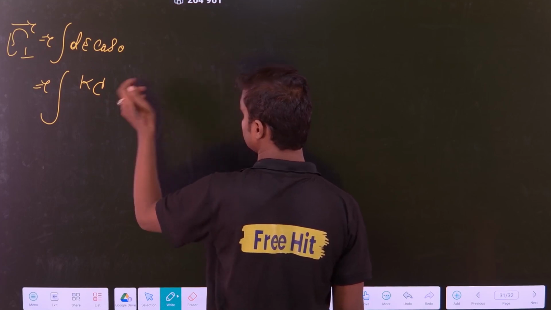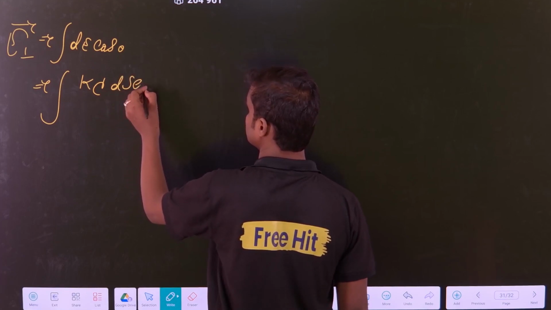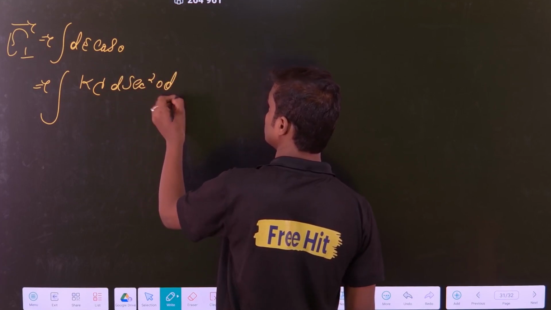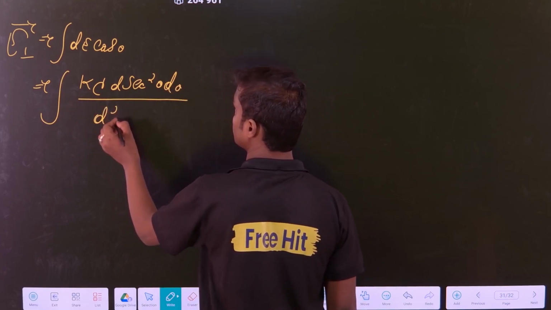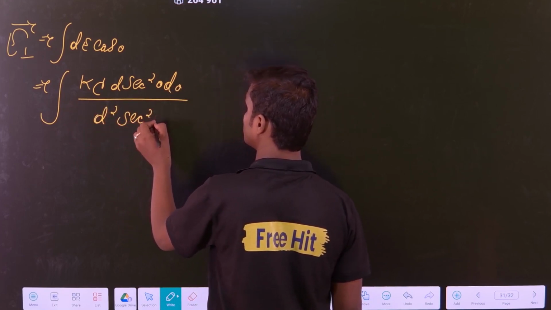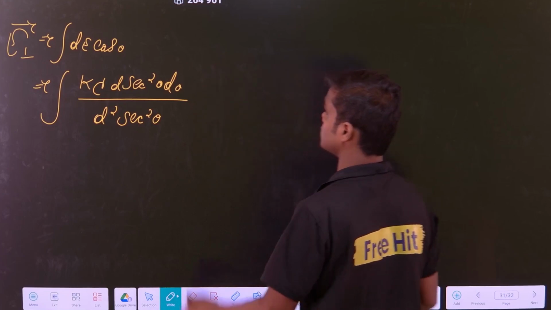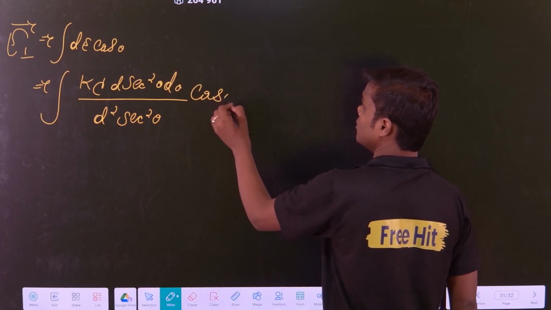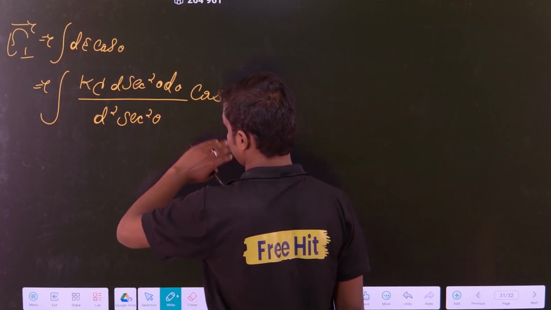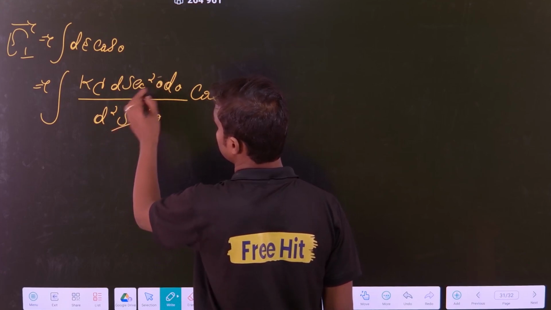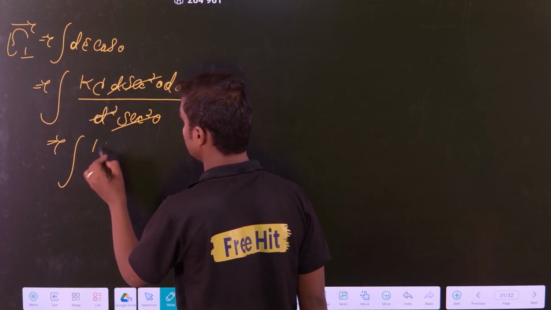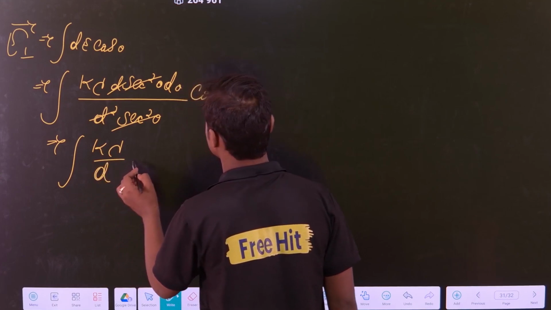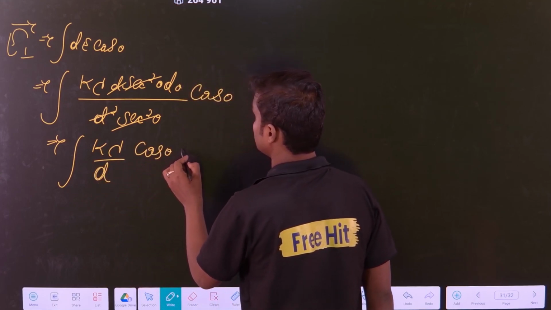What is dy? dy is equal to d sec square theta d theta, divided by d square sec square theta, and this is cos theta. So sec square theta will cancel out, d will cancel out, so what do you get? K lambda by d into cos theta into d theta.